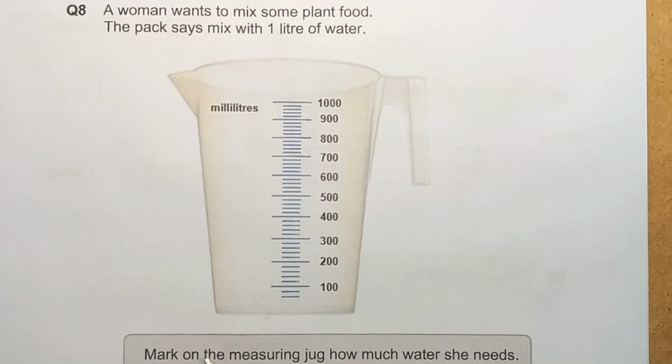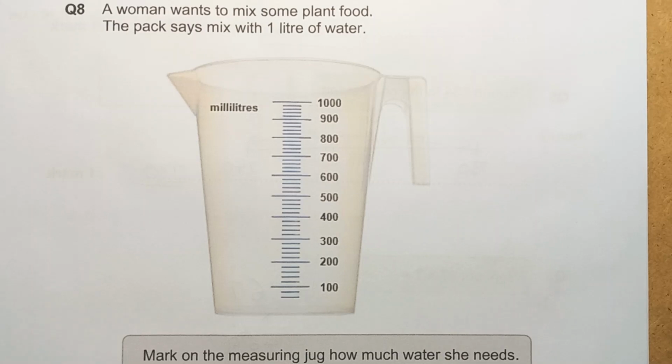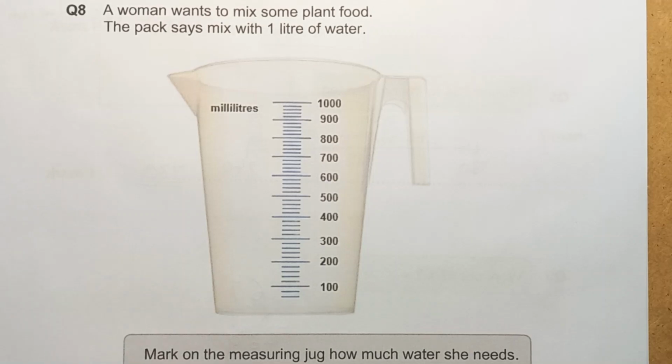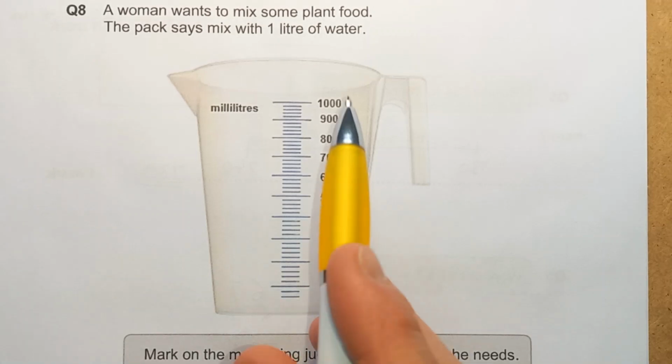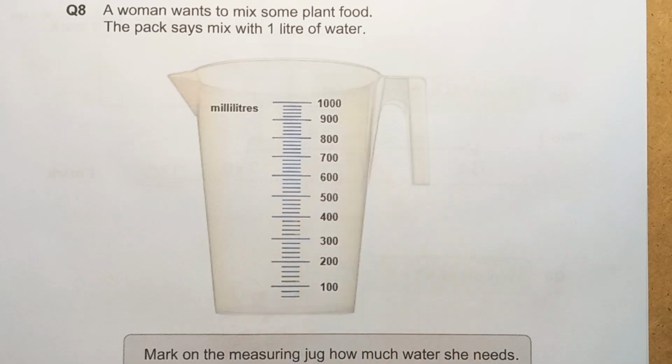With conversions, especially metric conversions, whether it's millilitres, metres, litres, kilometres, the conversion's always going to have zeros in it. So it's either going to be 10, 100 or 1,000. So if you don't know, guess. On here, the only options we've got are either 100 or 1,000.